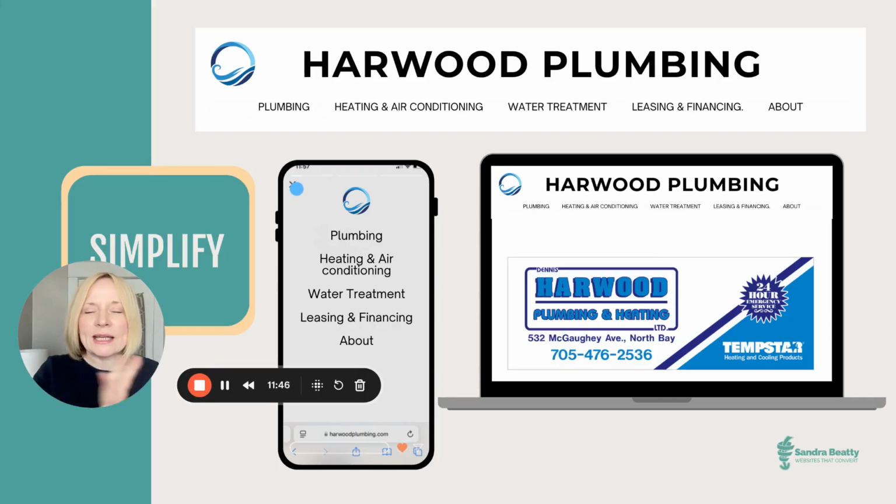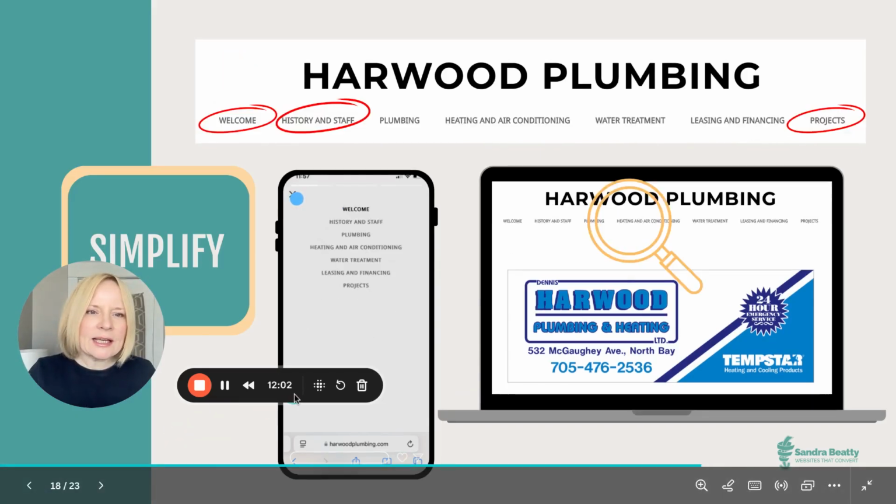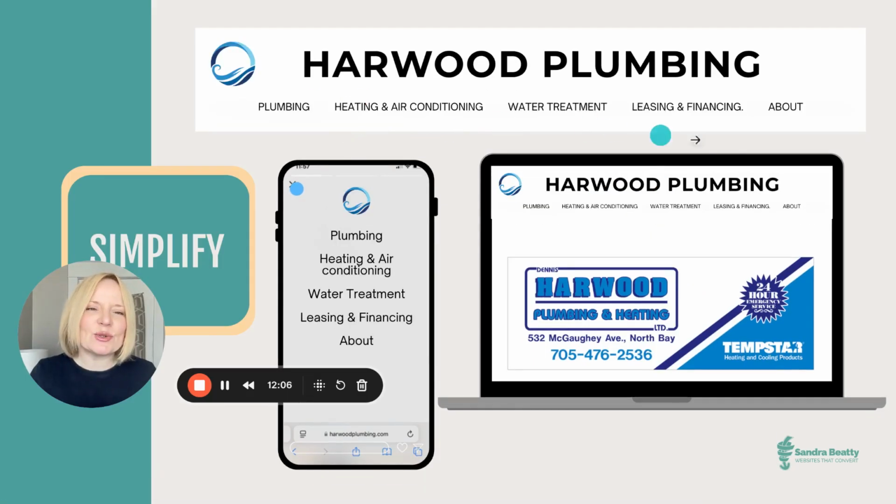So we've now made it 6 instead of 7. We can leave plumbing, heating, and replace the word "and" with the ampersand symbol, along with water treatment, leasing, and again, replace financing. And then instead of having the words history and staff, why don't we just change it to about?